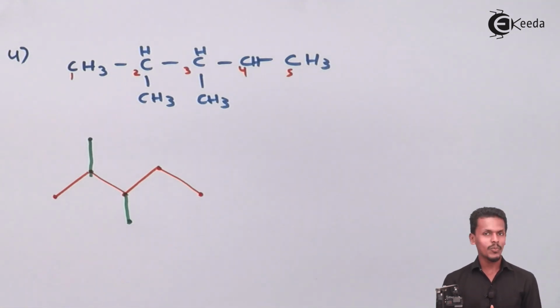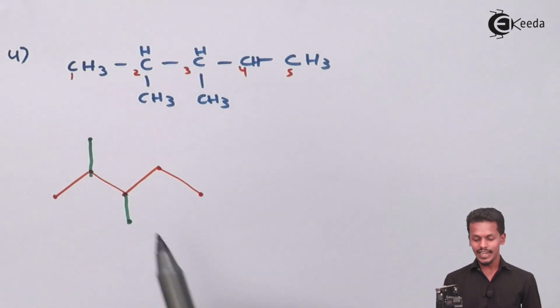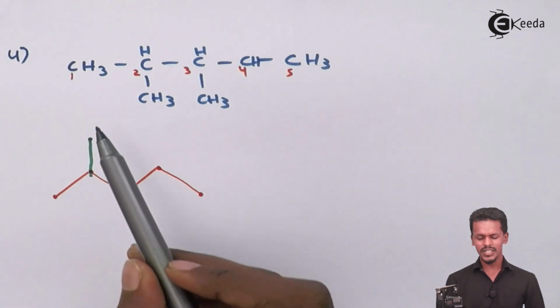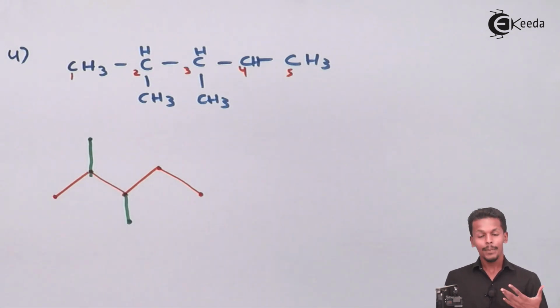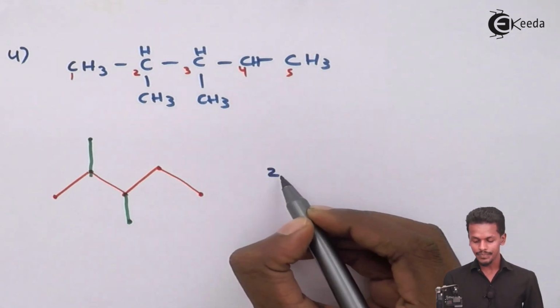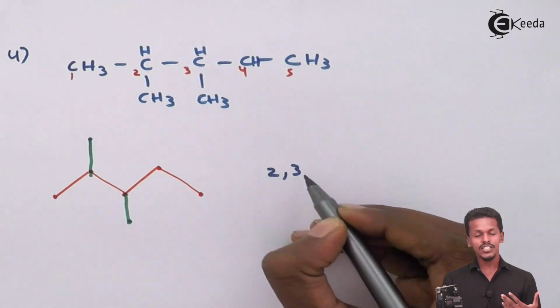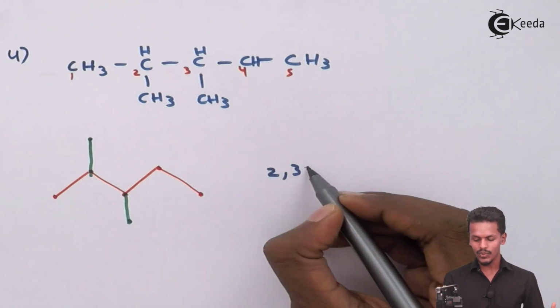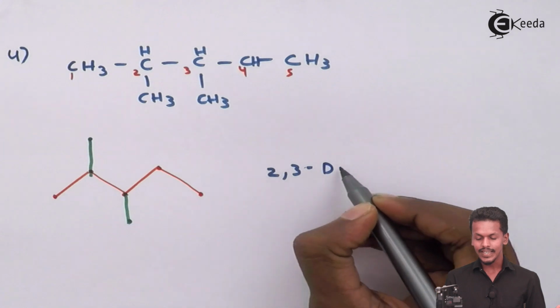But what would be the IUPAC name of this one? Let us prefer the straight chain, and in doing so we get to know that at the second position and third position methyl groups are present, and both the substituents are methyl. Since both are methyl groups, we could write it as 2,3-dimethyl.